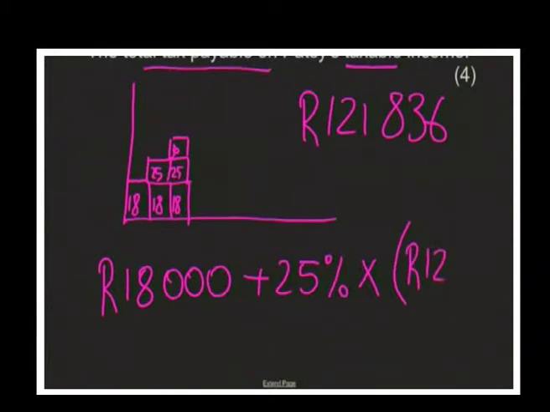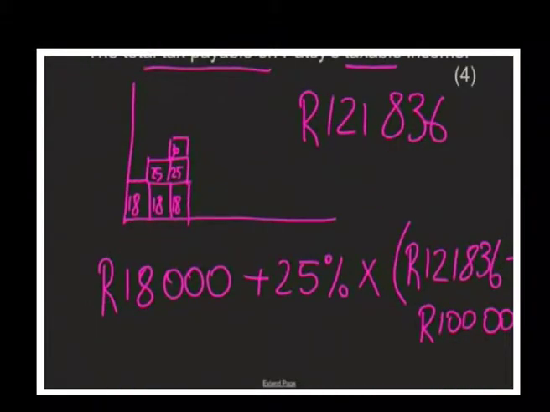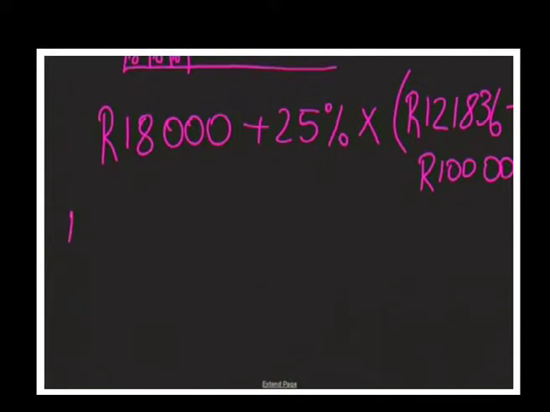So I need to take the salary that she earns minus 100,000 Rand, because we only want the amount above 100,000 Rand. And that is the calculation that we need to do. So go back to the table. It's 18,000 Rand she pays, irrespective, plus 25% multiplied by the amount above 100,000. Whenever we see the amount above, we can basically subtract that amount. Let's do the calculation now. I'm going to do this in 2 steps. I'm going to leave my 18,000 there.